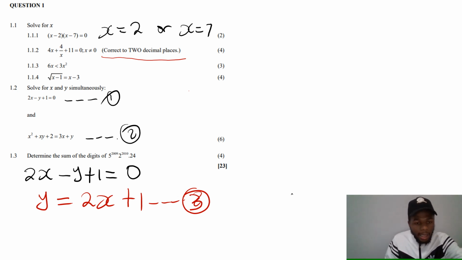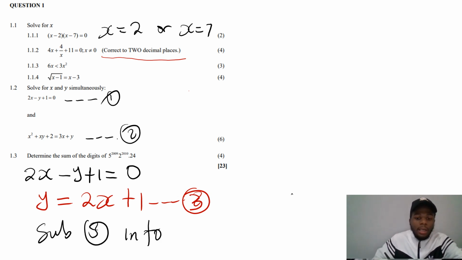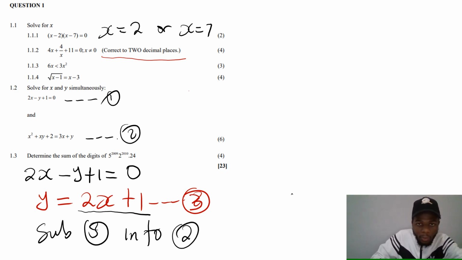Okay, and then we're going to substitute equation number 3 into the equation that we have not yet used, which is equation number 2. Where there is y, I'm going to replace 2x plus 1. That is the rule. So there we're having x squared plus xy. What is our y? 2x plus 1.